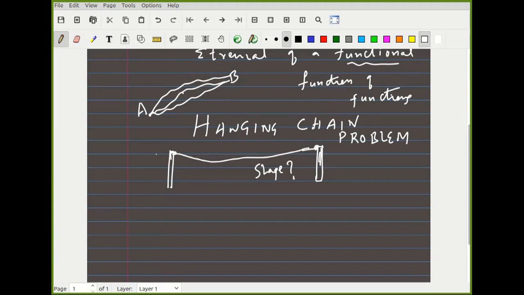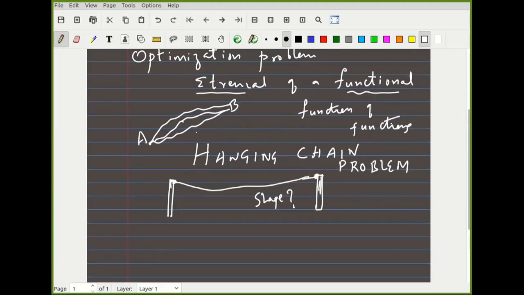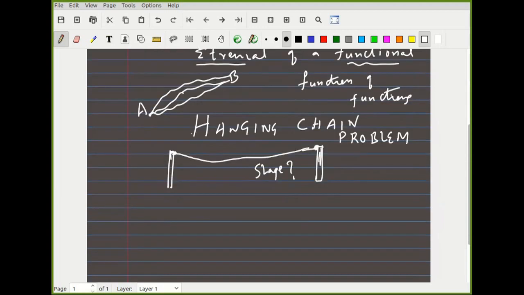Same here, we want to minimize something. Here in this problem we want to minimize, but in general we find an extremal. It turns out that whether it is a minimization or a maximization problem, the same kind of differential equation comes up. As I said, I'll get back to the physics of the problem.